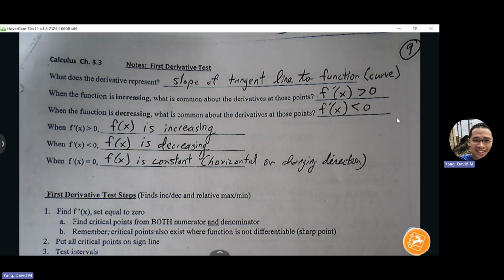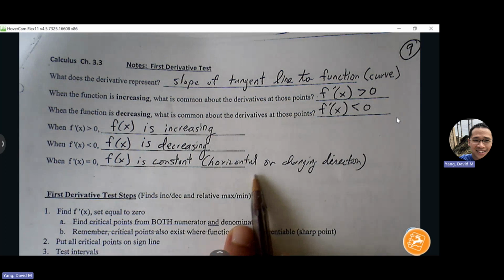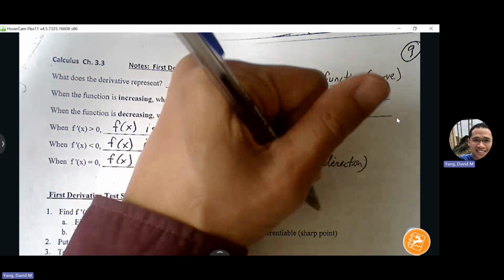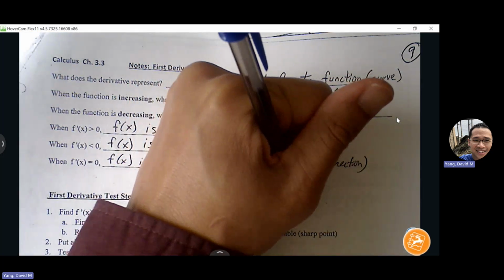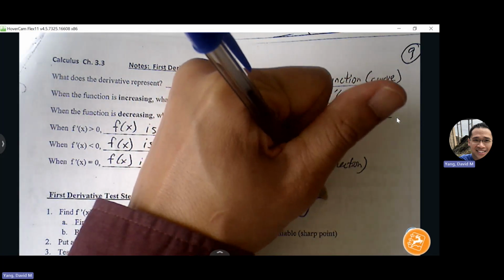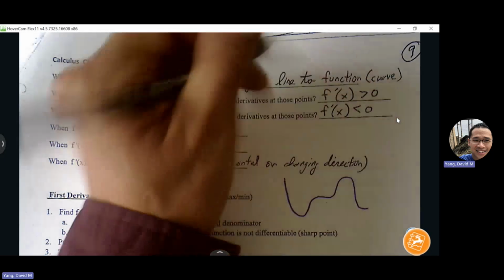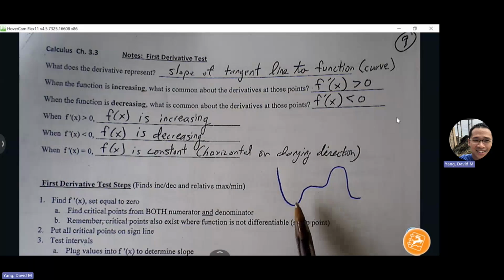When f prime is 0, then we know our function is constant. So either there's a horizontal tangent or a change in direction. So there's two instances, or a couple. It could be either a valley of the graph, it could be neither, or it could be the peak of the graph, right? So these are all places where slope is 0.